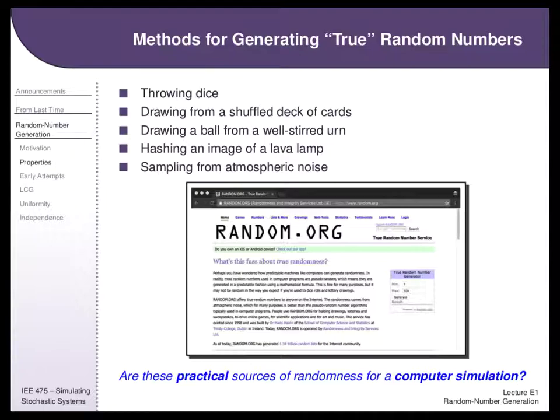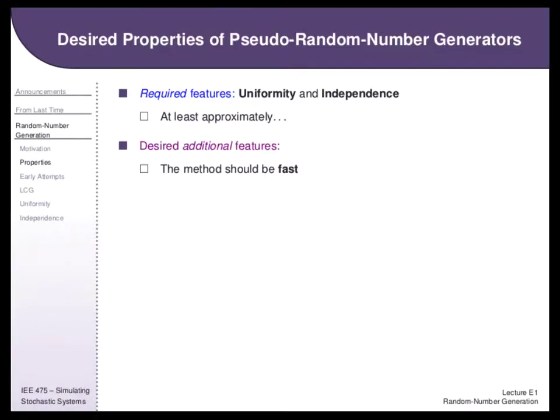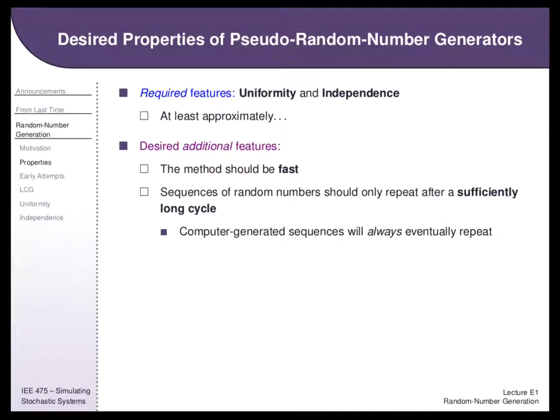All right, so this is practical for small numbers, but if we want to do simulations on these machines, we might need to generate millions of random numbers extremely quickly. So we always want uniformity and independence, but additional properties are that we want these methods to be super fast. That's why these really simple arithmetic methods, if we can get them to work, are attractive. We want them to only repeat after a very, very long cycle.